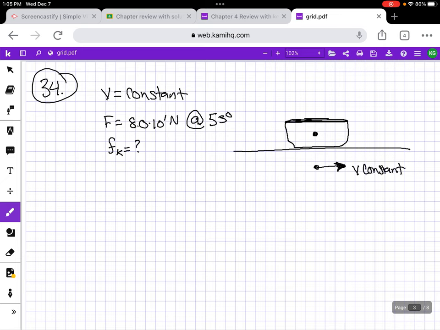Remember, V is constant. That means, let's say you are going at 12 meters per second. You're going 12 meters per second here and here and here the whole time. So what does that tell you about acceleration? If velocity is constant, acceleration is 0.